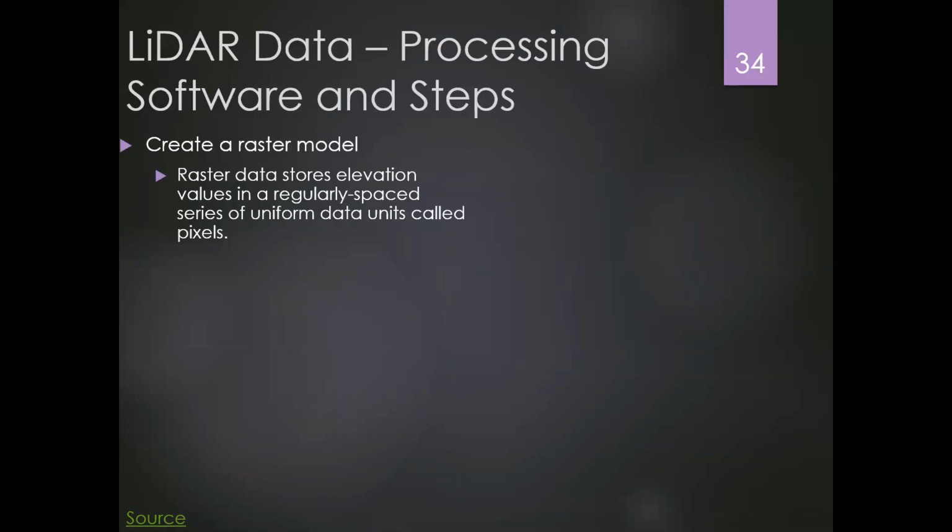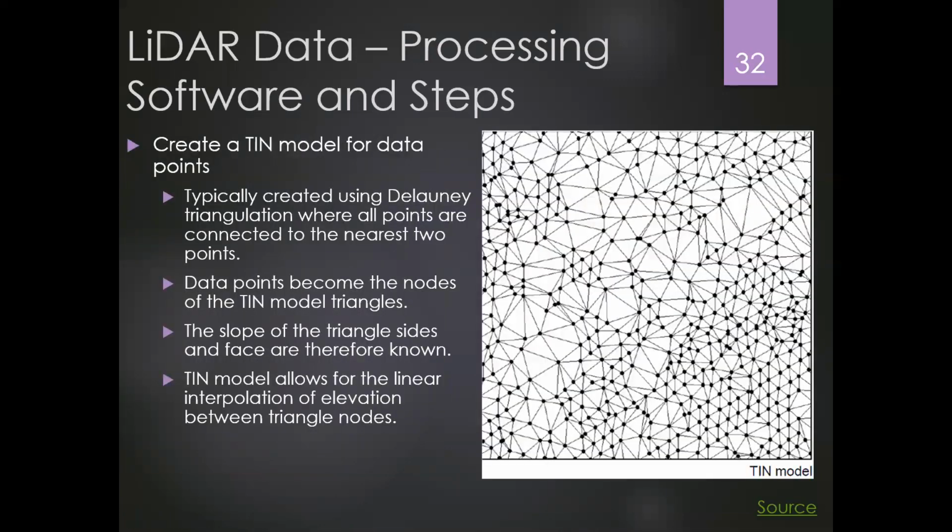So next step, create a raster model. Raster data eventually stores elevation values in a regularly spaced series of uniform data units called pixels. In a TIN network, the distance between any pair of data points is different.